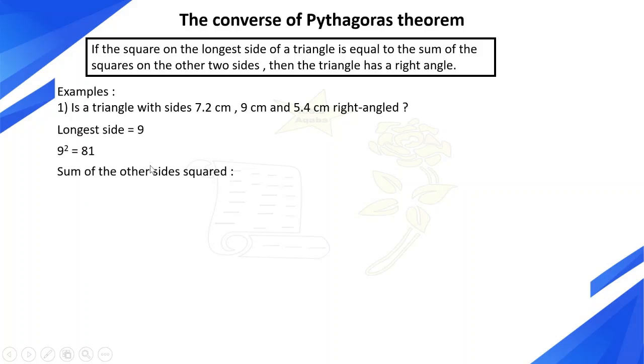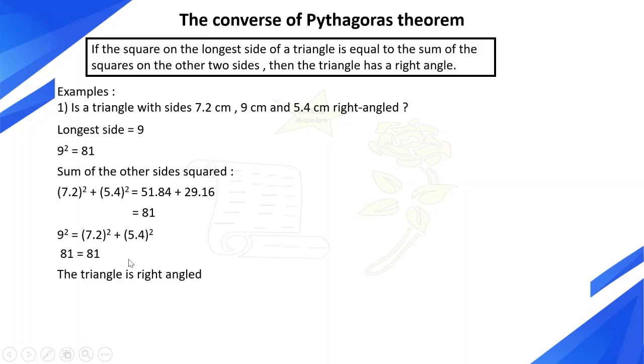Now, sum of the other sides squared, these sides, 7.2 square plus 5.4 square equal 51.84 plus 29.16. Let's add. The answer is 81. They are equal. So 9 square equals 7.2 square plus 5.4 square.